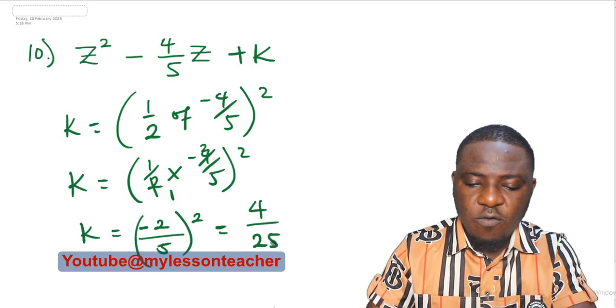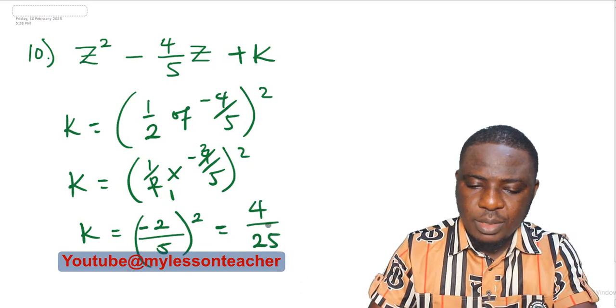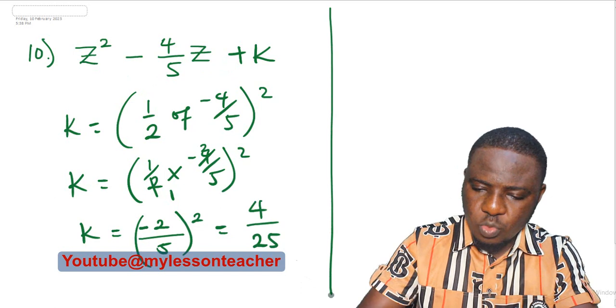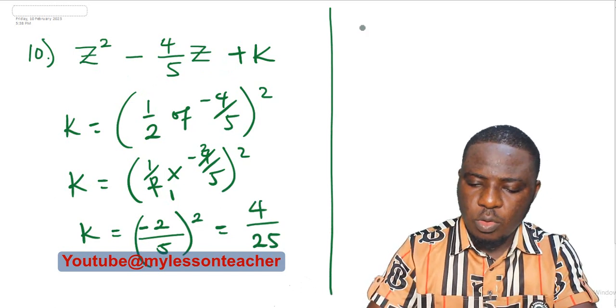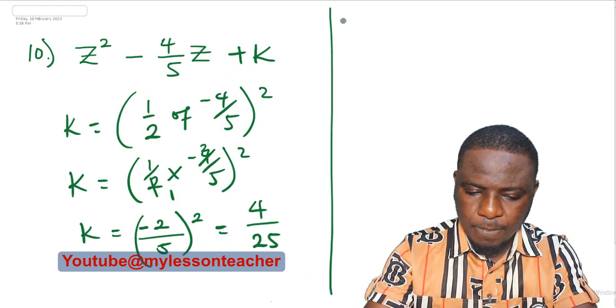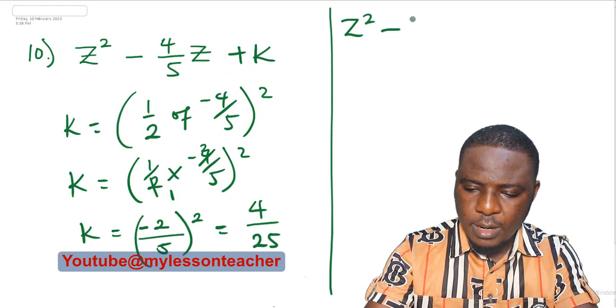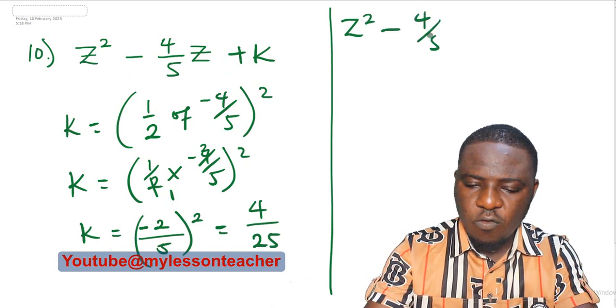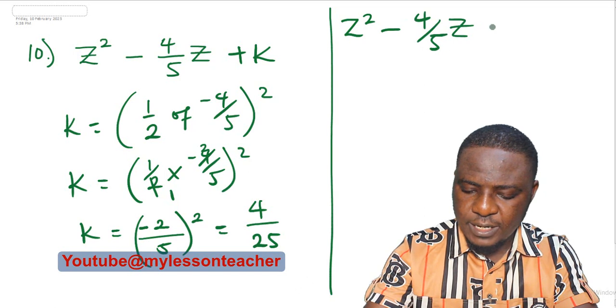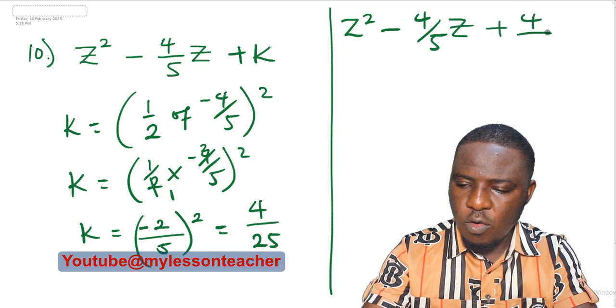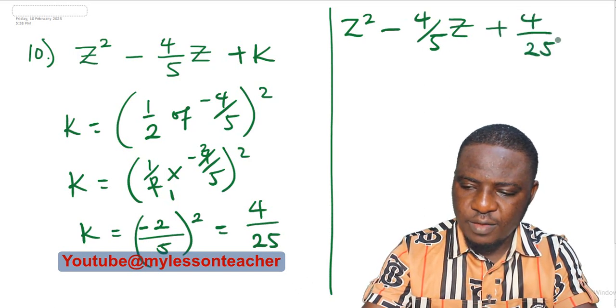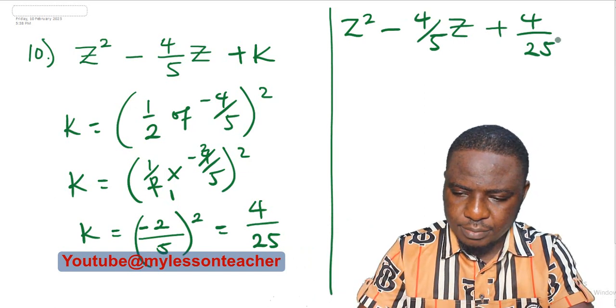So it therefore means that 4/25 is that term that must be added to this to make it a perfect square. So it therefore means that z squared minus 4/5z plus 4/25 will make it a perfect square.